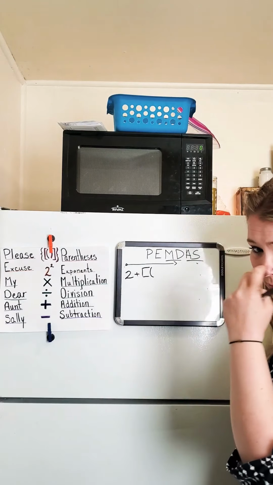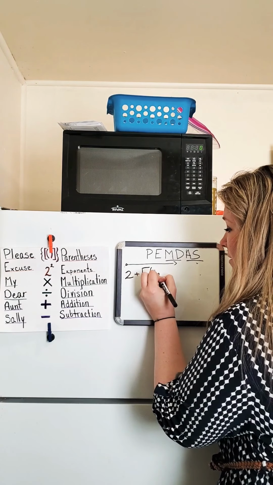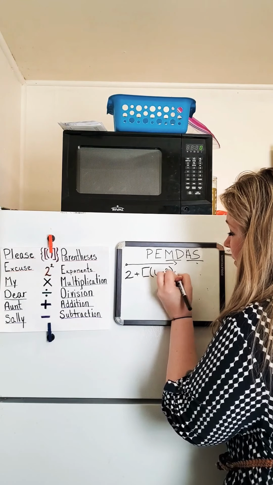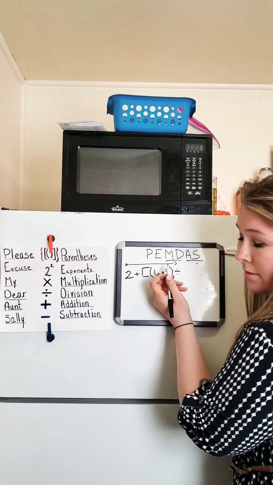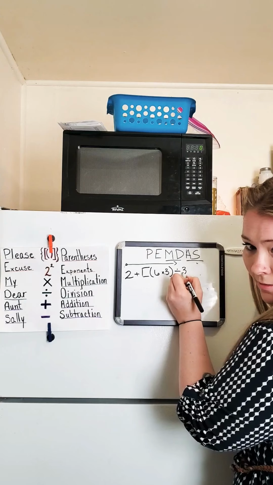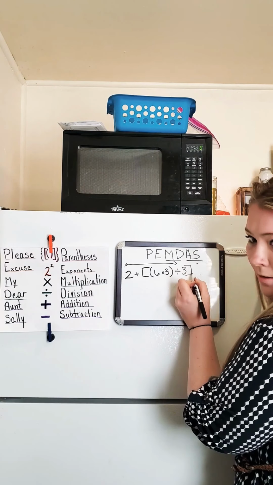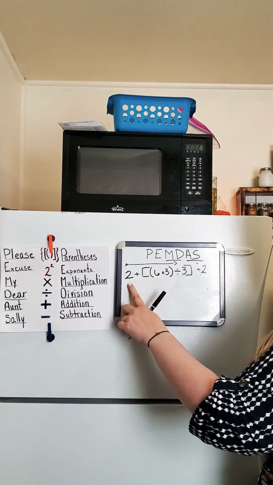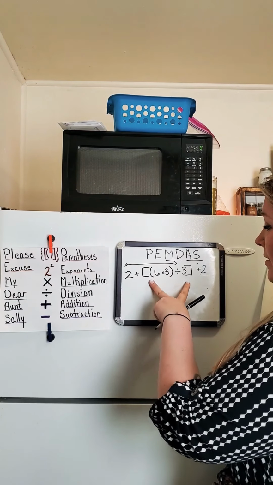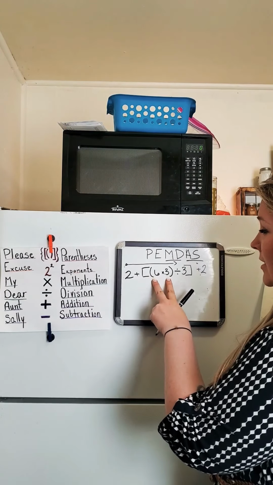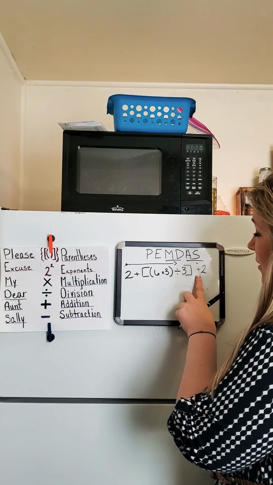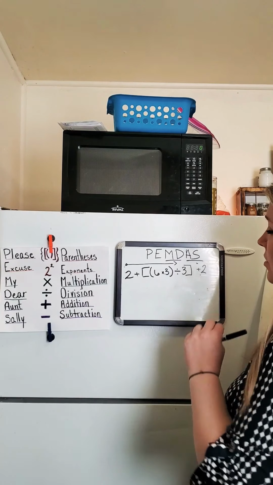We'll see what we're going to do with that. 6 times 3 divided by 3 plus 2. So I have 2 plus, and then inside my brackets I have (6 times 3) divided by 3, and then on the outside of my brackets on this side I have plus 2.